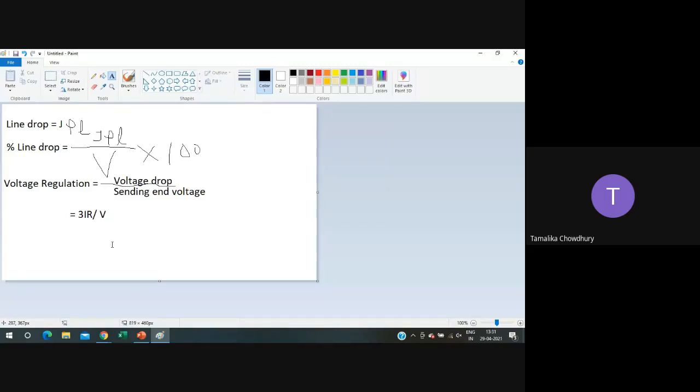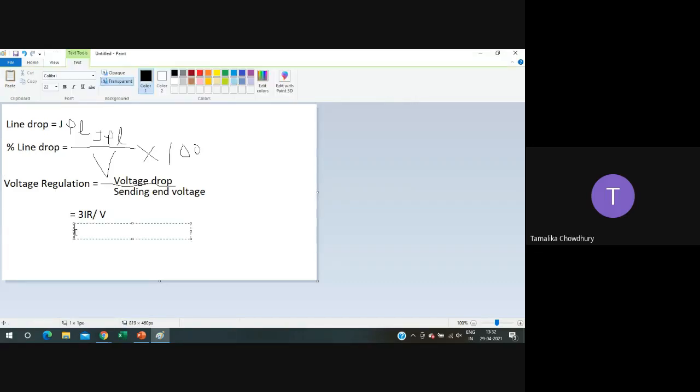Now in place of R, you may place rho L by A. Then it will be the same thing as I just showed you, because line drop was exactly equal to this. So I am directly putting this as equal to 3J rho L by V. I hope it is clear.